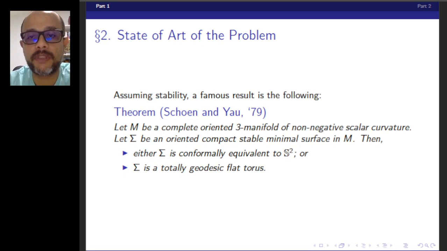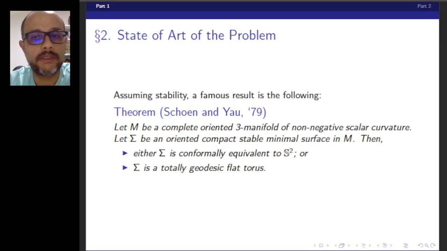So the theorem says that if M is a complete oriented three-manifold with non-negative scalar curvature, and sigma in M is an oriented compact stable minimal surface, then sigma is conformally equivalent to the sphere, or sigma is a totally geodesic flat torus.